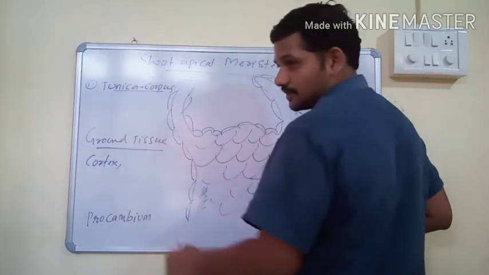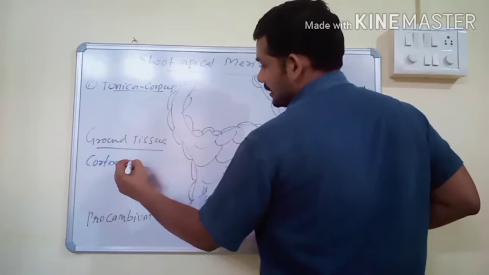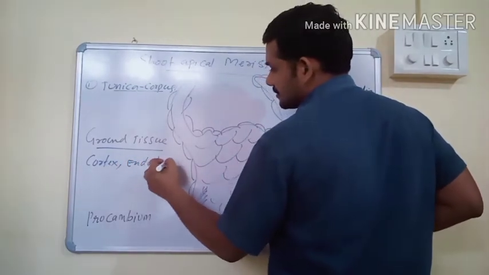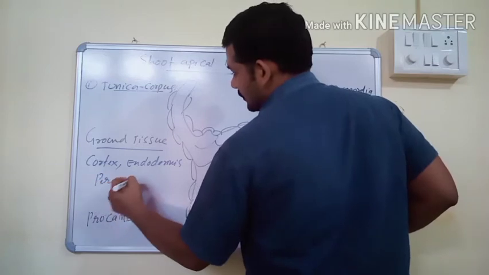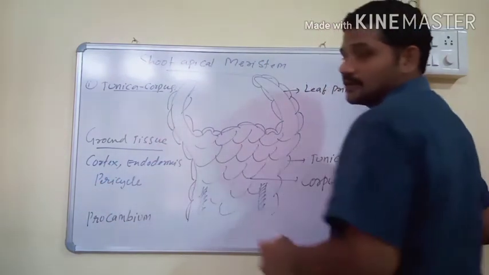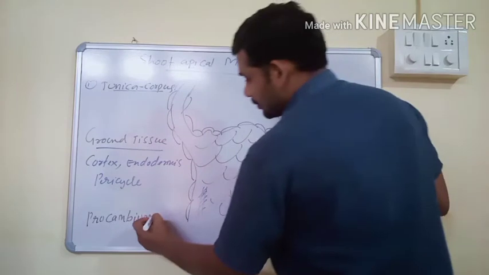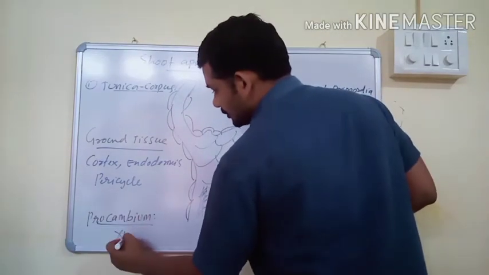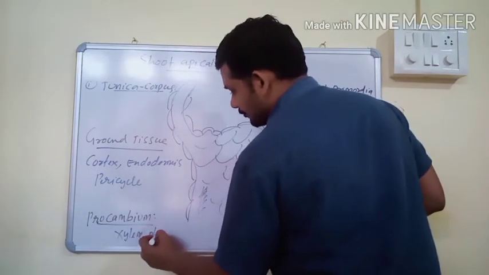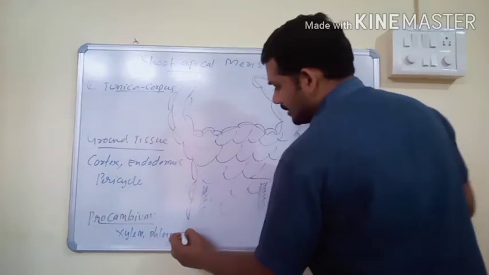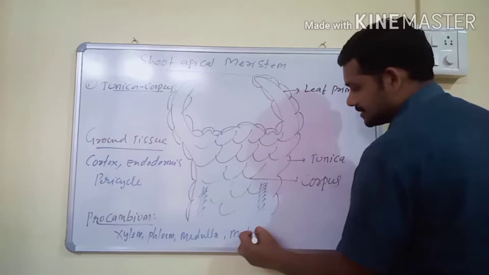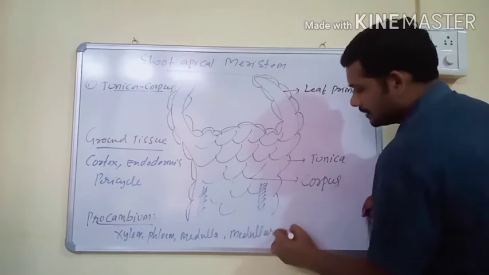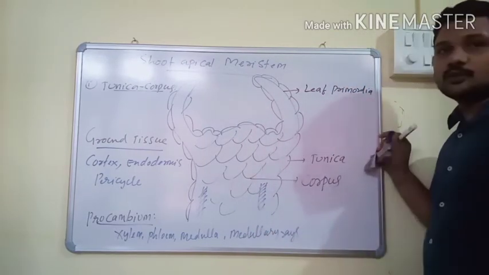Ground tissue later gives rise to different internal tissues like cortex, present below the epidermis, then endodermis and pericycle. Prochambium later gives rise to xylem, phloem, medulla and medullary rays. These are all internal tissues of roots, stem and leaves.